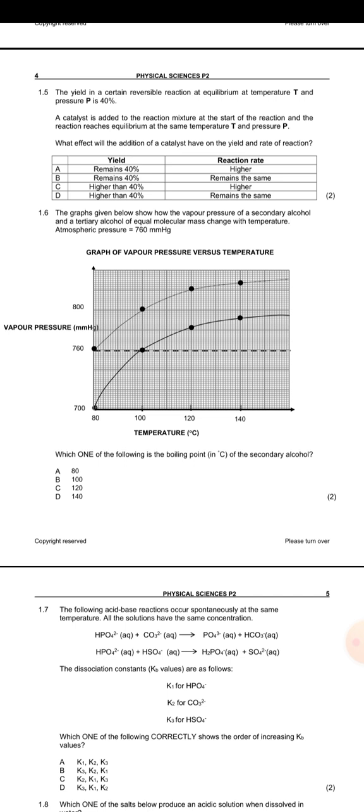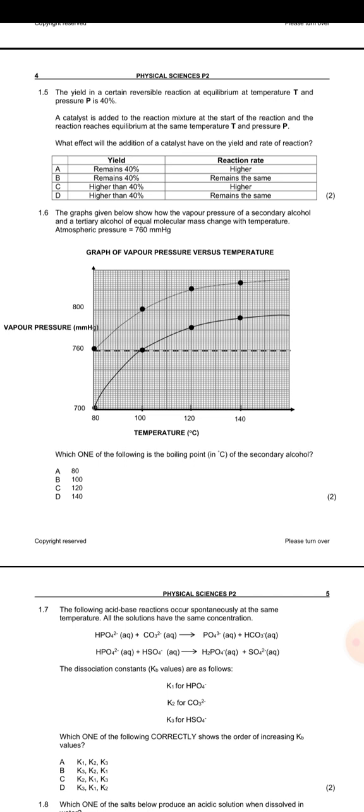So atmospheric pressure, they told us that is 760. So we are looking for temperatures where the vapor pressure of our molecules is equivalent to 760. So we look at the first one, it is 80, the other is 100 from the graph. So the only options that we have there are 80 and 100, meaning that C and D are already out.